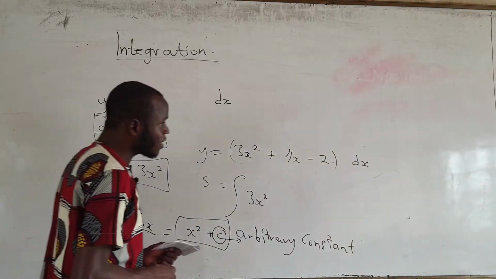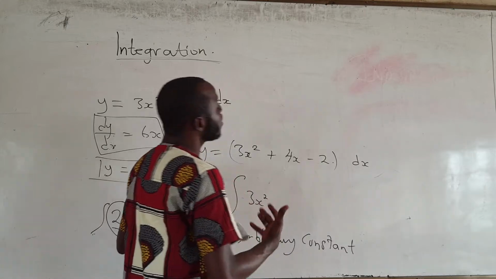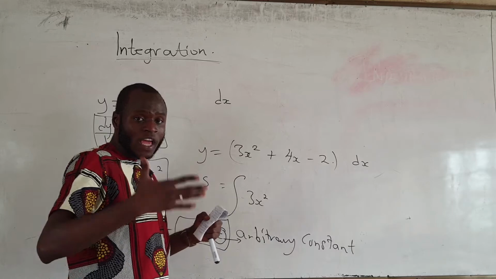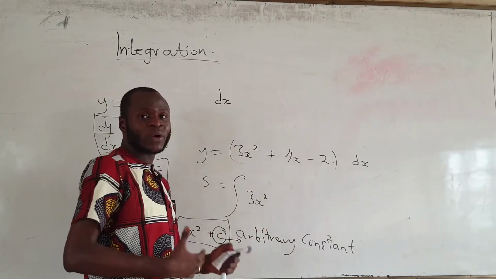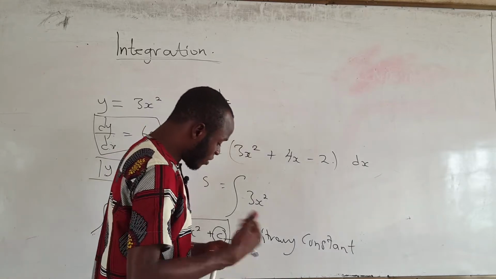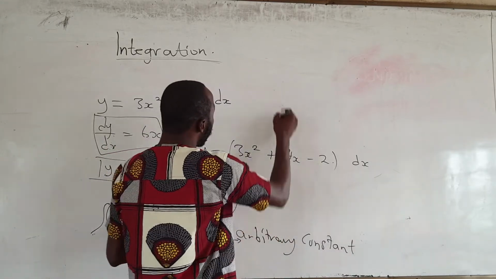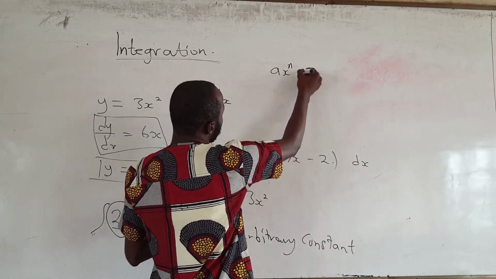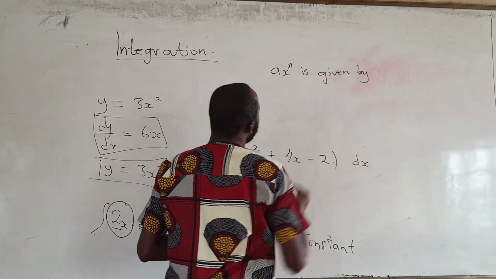Now the next thing that we have to look at is the general solution of integration. When we are dealing with integration, how do we go about obtaining our integration itself? So the general solution of the integral of the form ax to the power n is given by this.